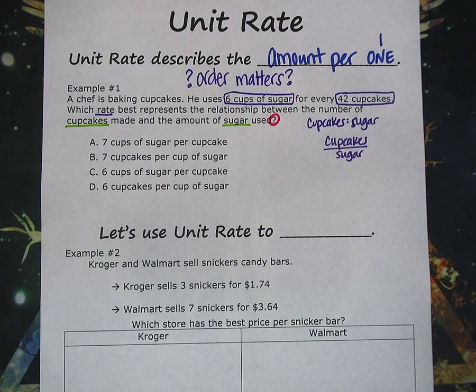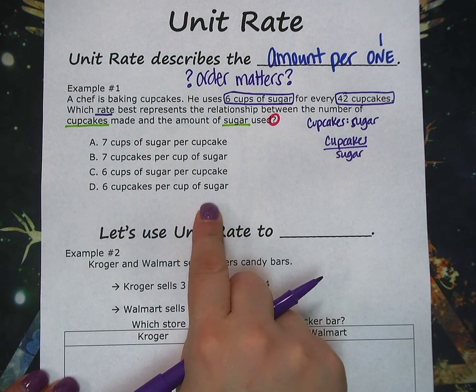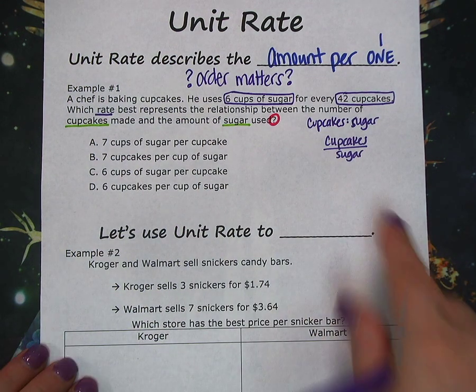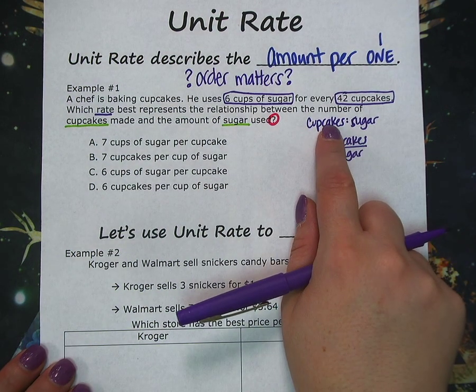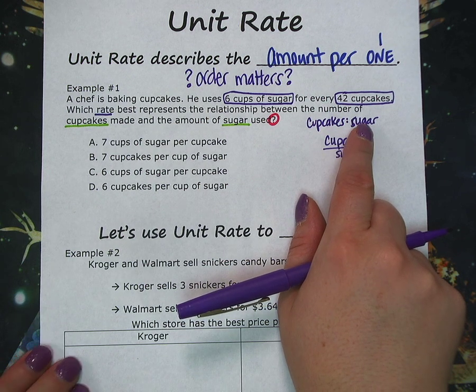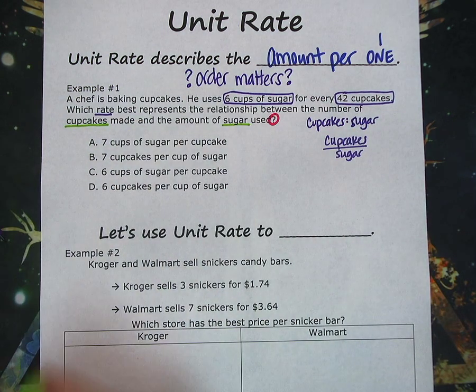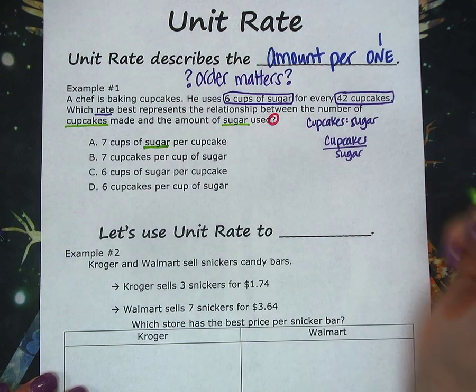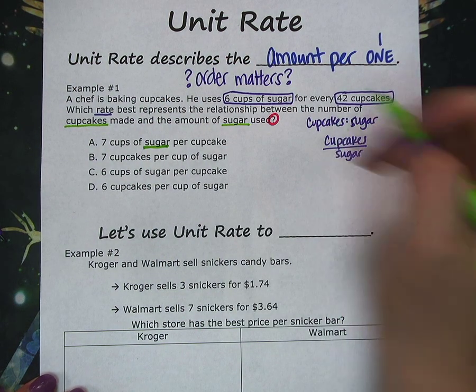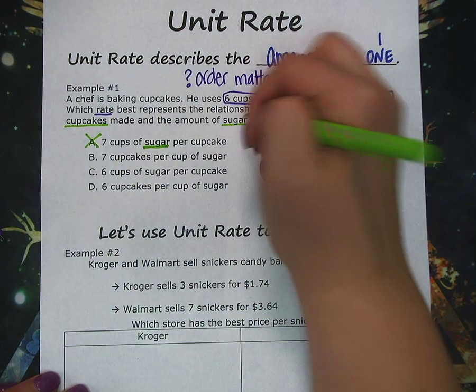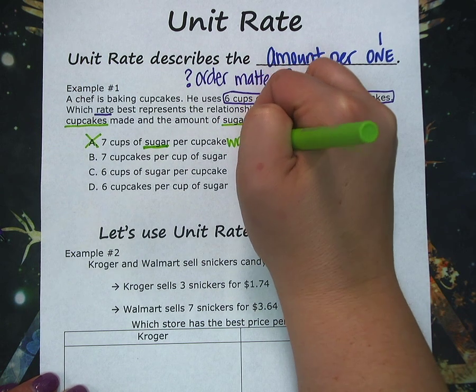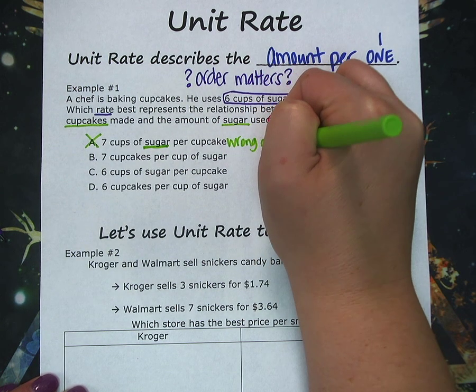And then from that point, we're just going to check our answer choices before we do any math. So remember, we're looking for cupcakes first, then sugar. In choice A, we have sugar first, and we're looking for cupcakes first. So A is a bad answer because it has the wrong order, okay?